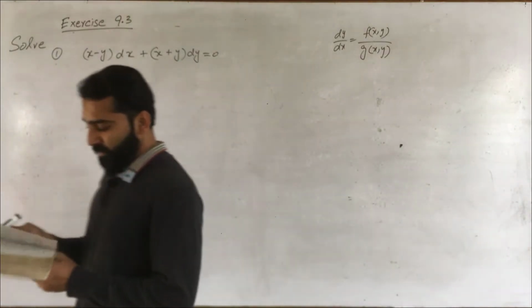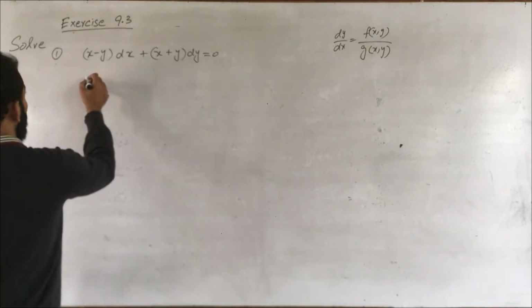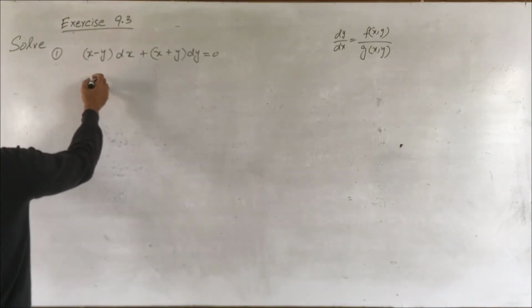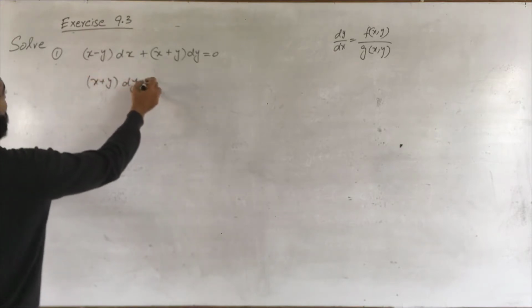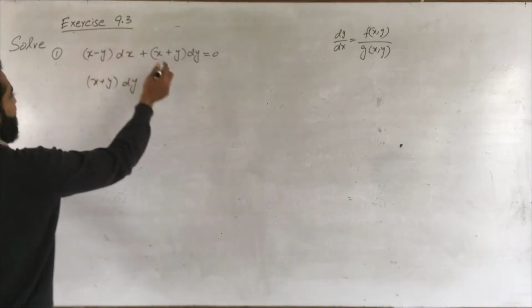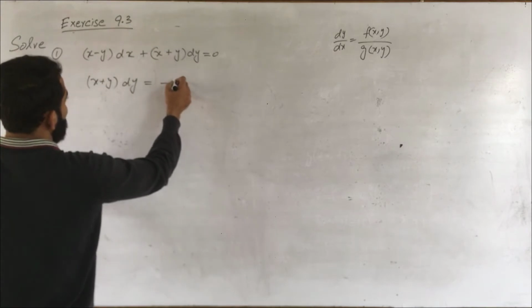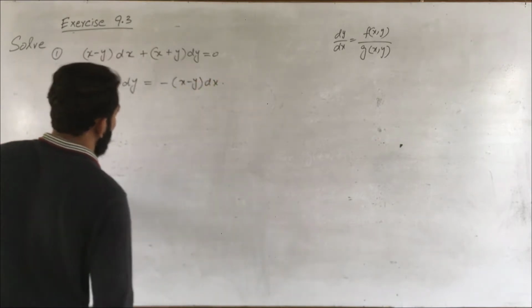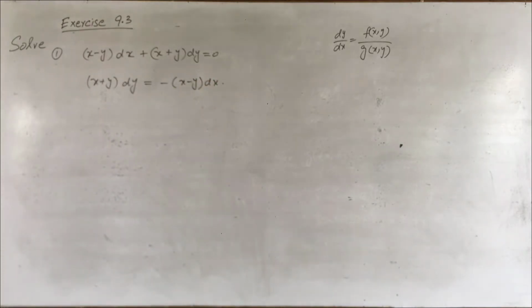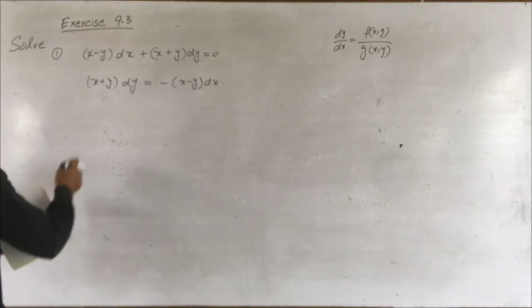For that reason, x plus y remains here into dy is equal to x minus y into dx. Transfer to the other side of the equality and it is converted to minus (x minus y) into dx.